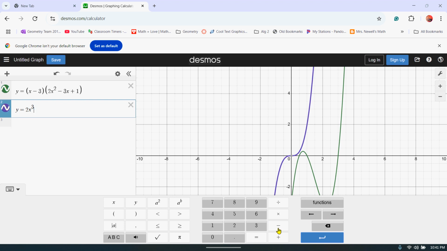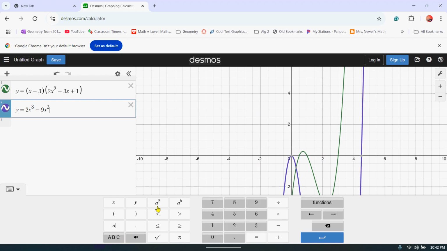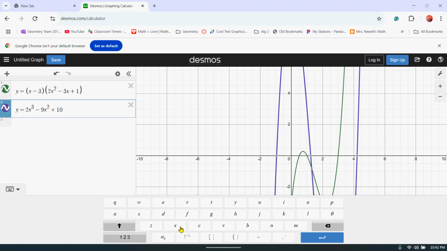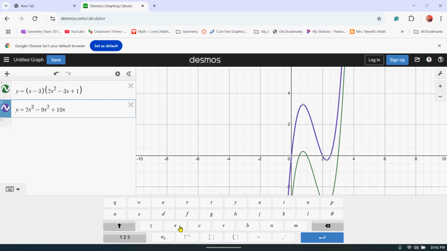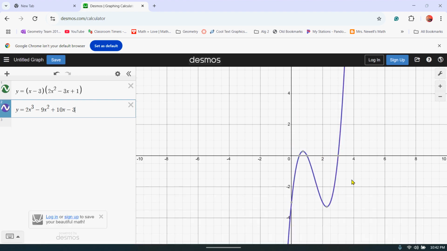And we have to put in minus 9x squared. Then plus the 10x. It's showing me how the graph is changing as I make each change. And our last thing is we're going to put minus 3. And you can see it's on top of the graph.